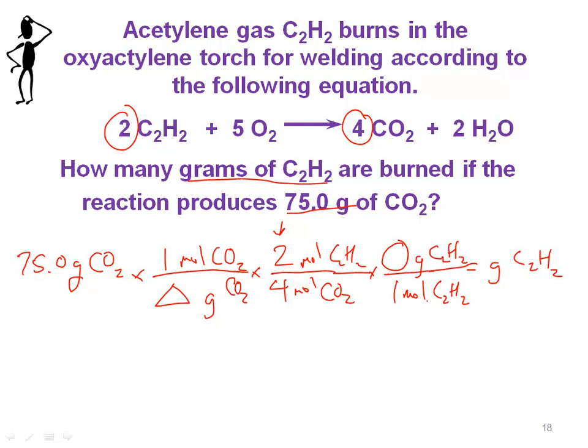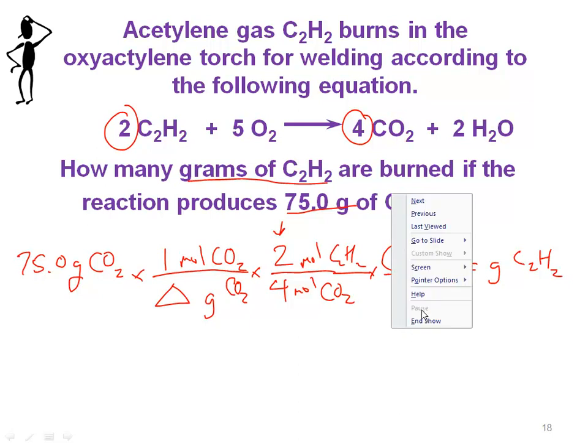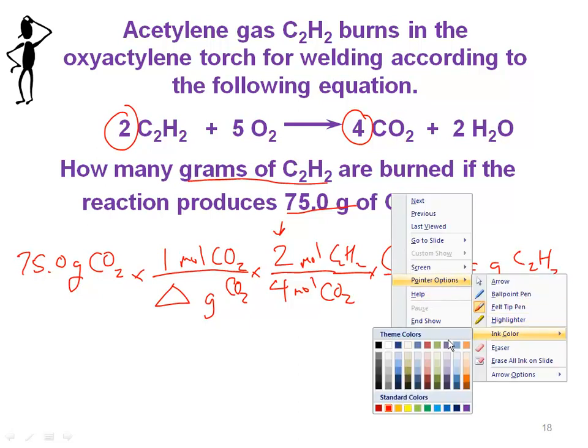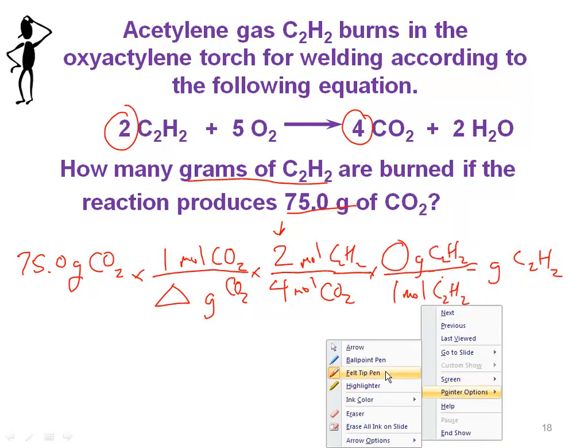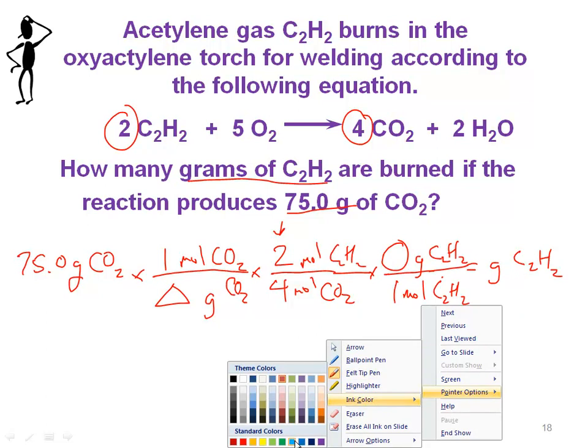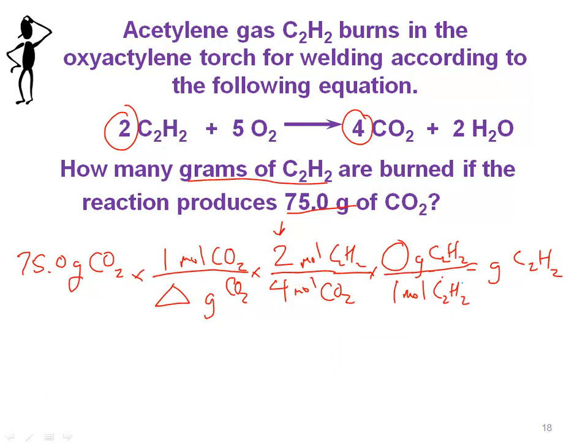All the units cancel. We could change our color just for fun. Choose a blue. There we go. That cancels, that cancels, that cancels, that cancels. And we're left with grams of C2H2.